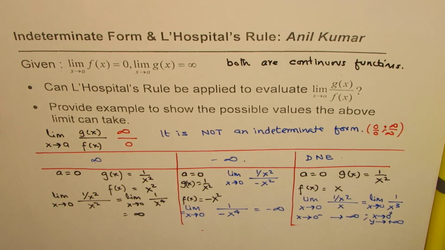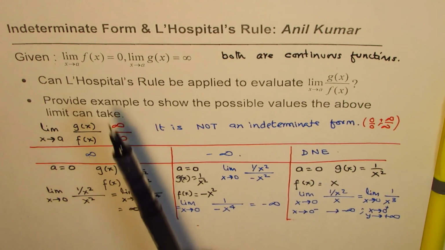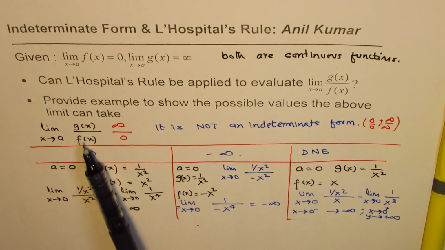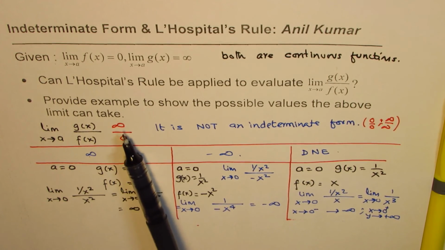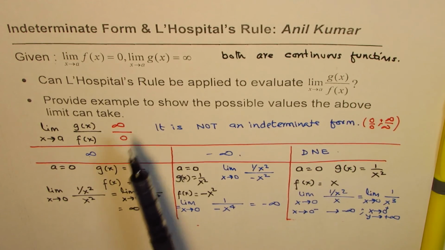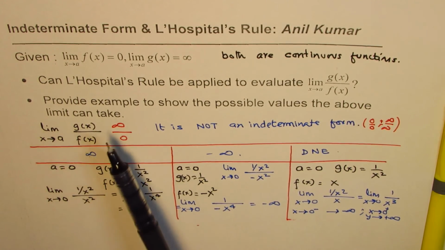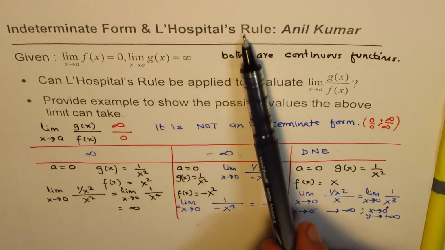So what I'm trying to say here is that if f of x and g of x are as defined, and if we have the quotient of these functions, then we have the case infinity over 0. In such a case, we cannot apply L'Hospital's rule, and we can actually directly find its limit without applying this rule.